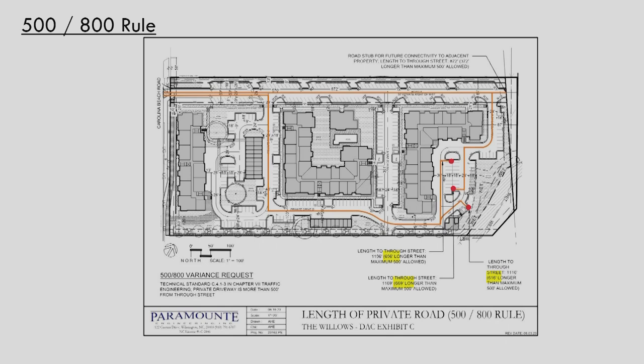And one of the reasons that we are an extra 696 feet longer in the longest run of that is because we are pushing the buildings and parking back to save those trees in the front and also accommodate some of the other requirements that we have with the city.